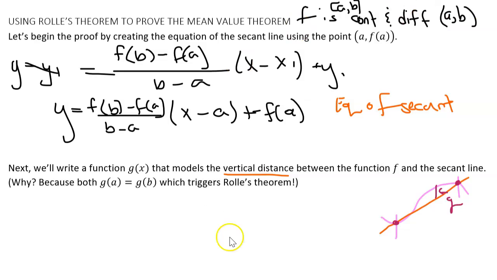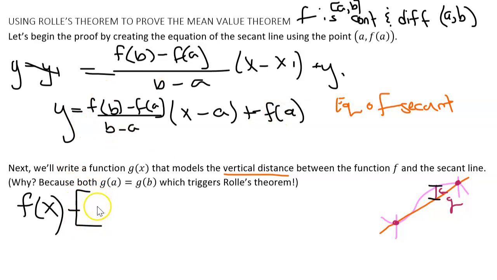Well, to calculate the vertical distance, you want to do your function minus your secant line. And so our function is represented by f(x), and our secant we solved for in the previous problem.